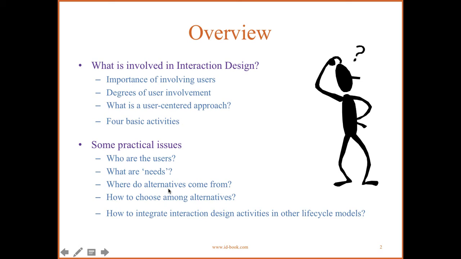Normally as a developer or human-computer interaction designer, you have to develop more than one prototype because we involve a lot of different stakeholders. If you only have one, there will be very limited choices. That's why you have to understand where the alternatives come from and how to choose among them.